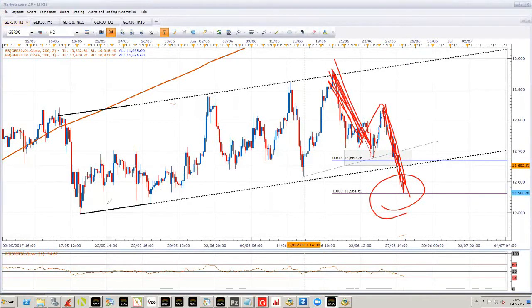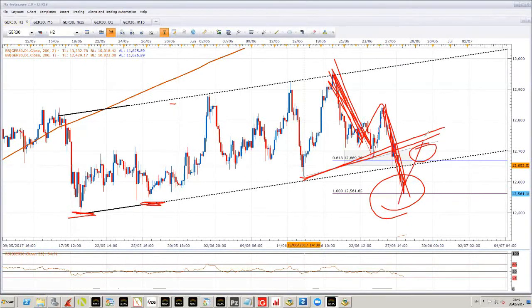Below that, of course, we've got that area there and this area here. So draw those as horizontal lines onto your chart and see how it reacts to those. But at the moment, would I be looking to sell down here? Probably not, just because of the fact that we've reached 100% extension already. We're already at the bottom of that move. So I'd probably be waiting, if I was a seller, to get a bit of a pullback. You've got this kind of underside trend line here.